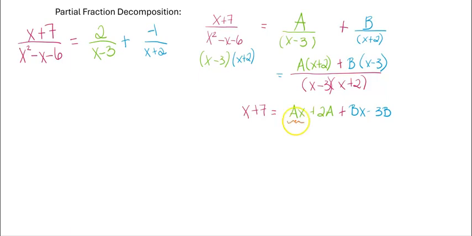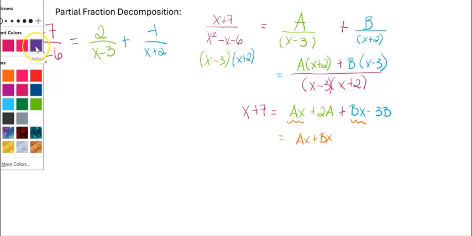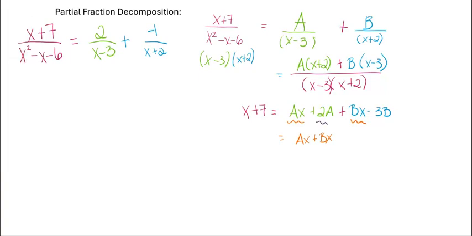So I'm going to take my Ax and my Bx and write them together, Ax plus Bx. And then I'm going to collect my 2A and my negative 3B together. Plus 2A minus 3B.